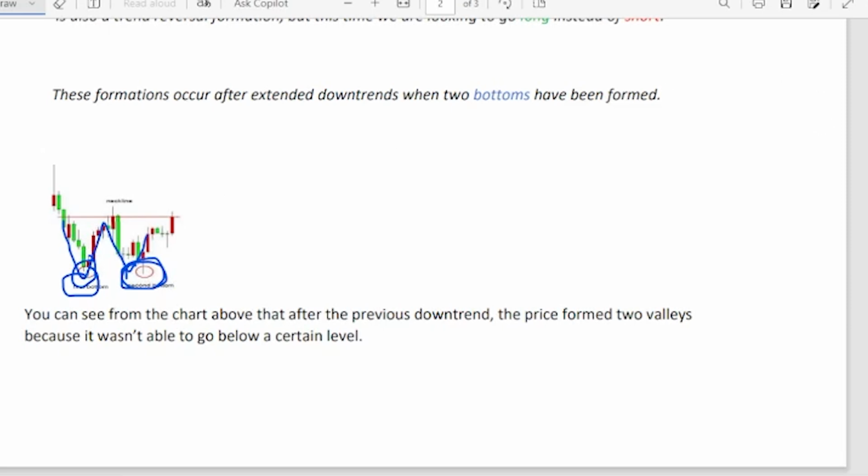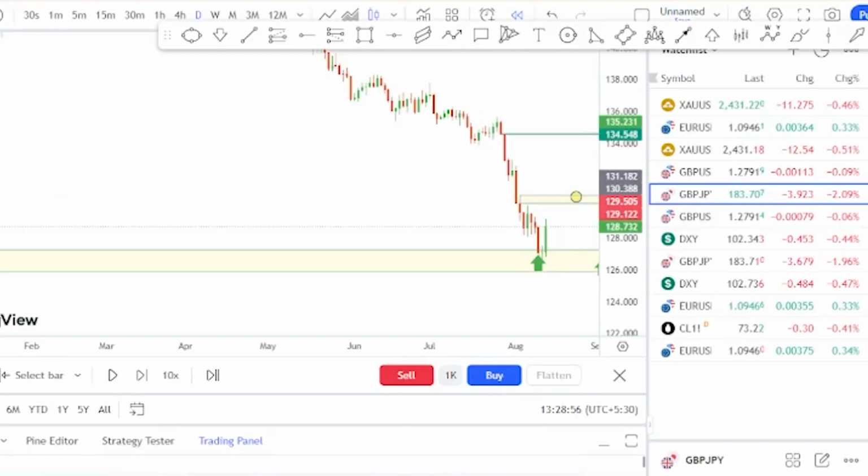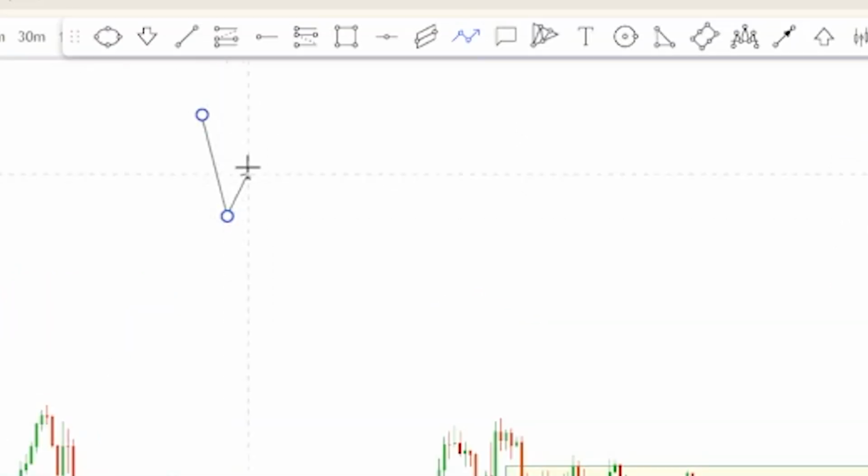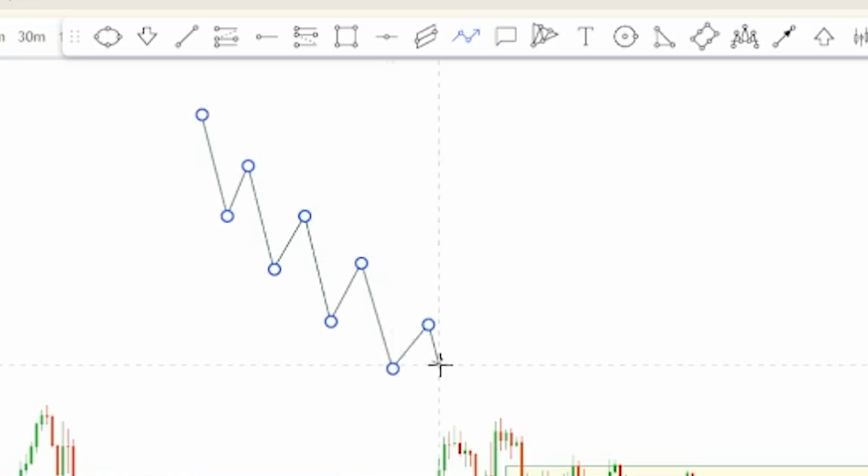We failed to break below this area and rejected from there twice as a signal of a reversal to the upside, or bullish reversal. We are going to also take an example, and as we talked about earlier on the double tops, we got this downtrend by making lower lows and lower highs. You remember that. At the end of the extended movement to the downside, we end up forming these two bottoms, these two lows.